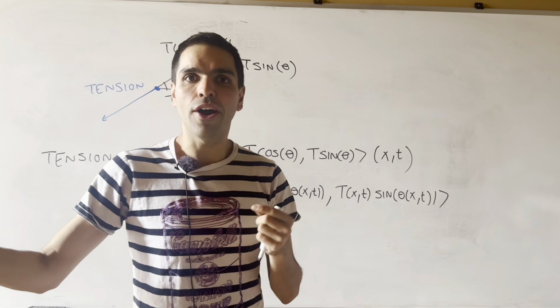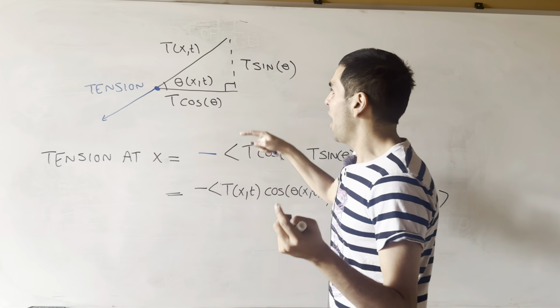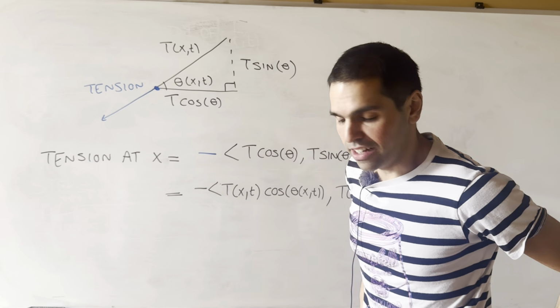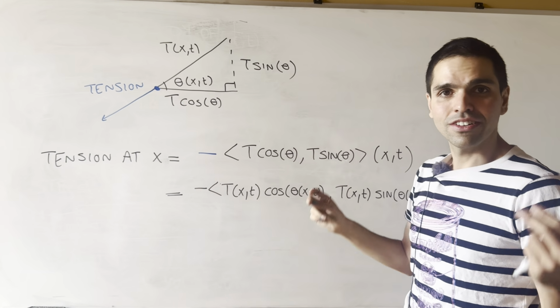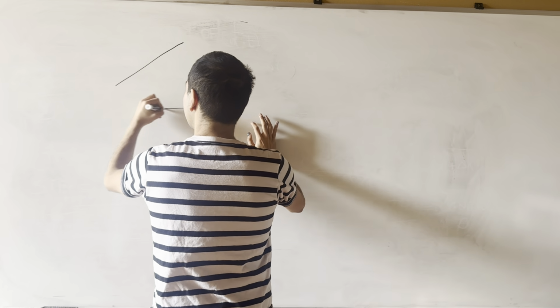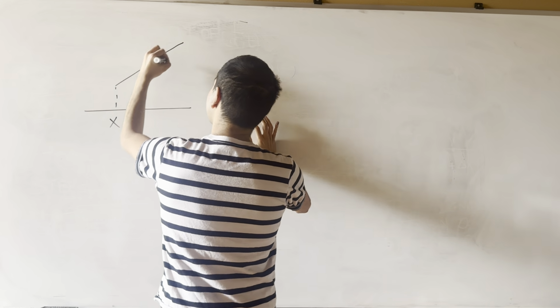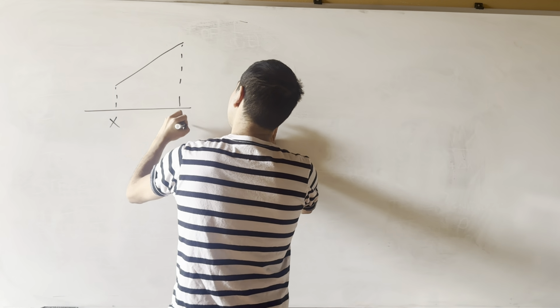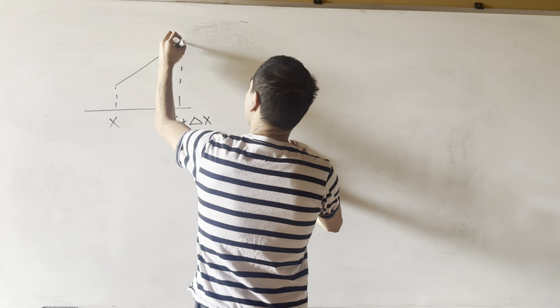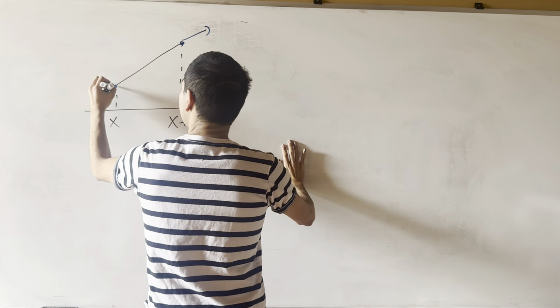And to figure out the force, you just add the tension at x and also the tension at x plus delta x. So let me do this on a new whiteboard. So once again, we have our string. So this is at x, so left point and then right point. So we have those two tensions here and here.